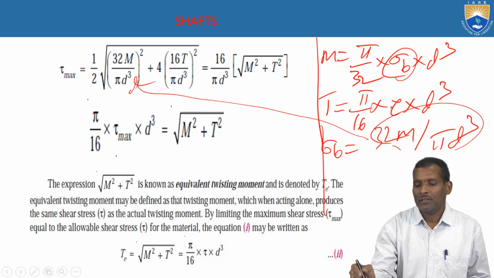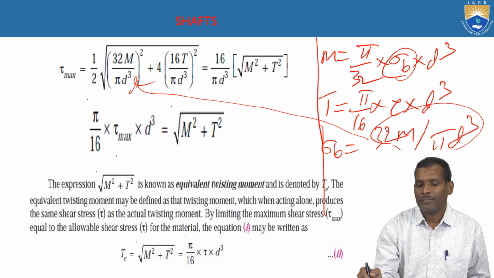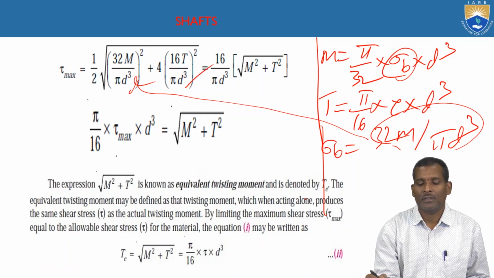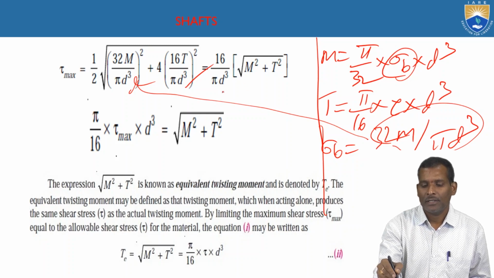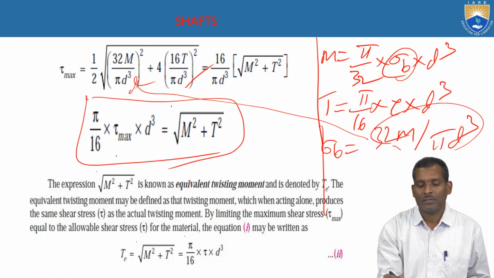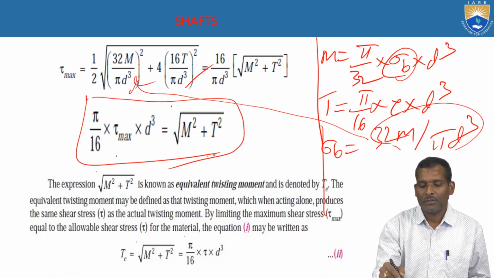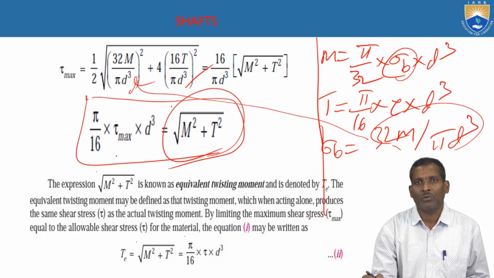Similarly, tau is 16T by pi d cube. Substitute in this equation and simplify. We will get the equation pi by 16 into tau max into d cube is equal to square root of M square plus T square. This term is known as the equivalent twisting moment.